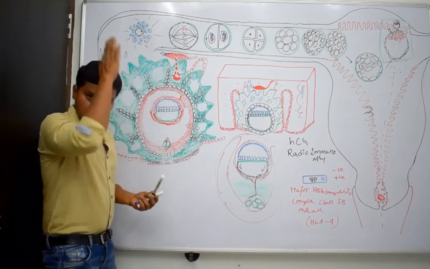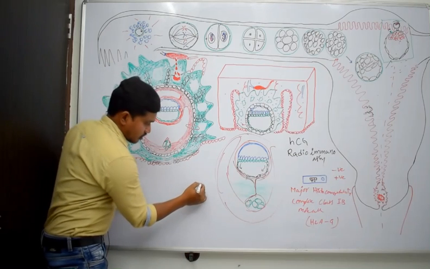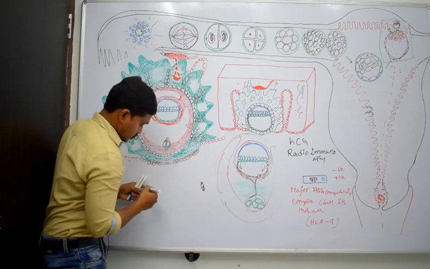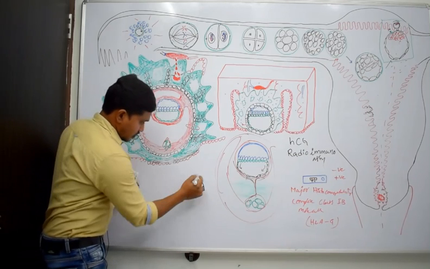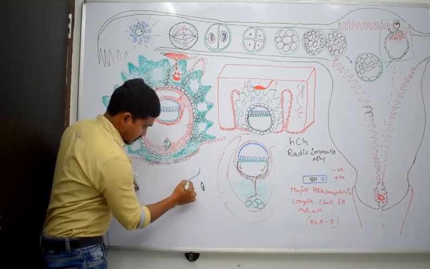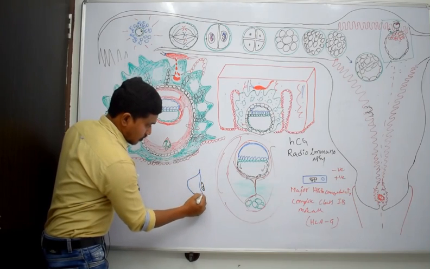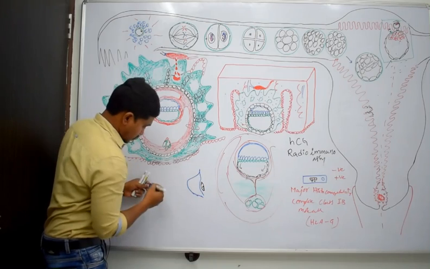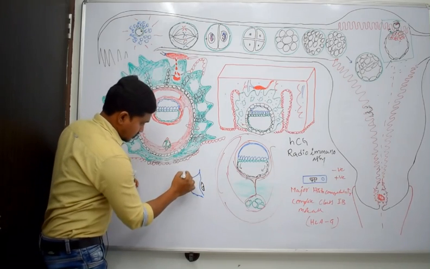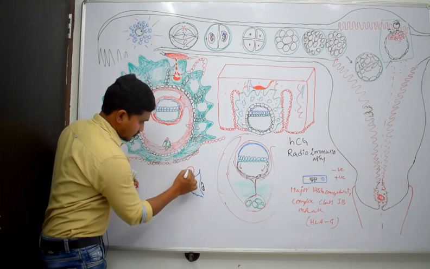I am taking the sagittal section of the female pelvis. This is the symphysis pubis, and here this is the urinary bladder, right? And this is, what is this?